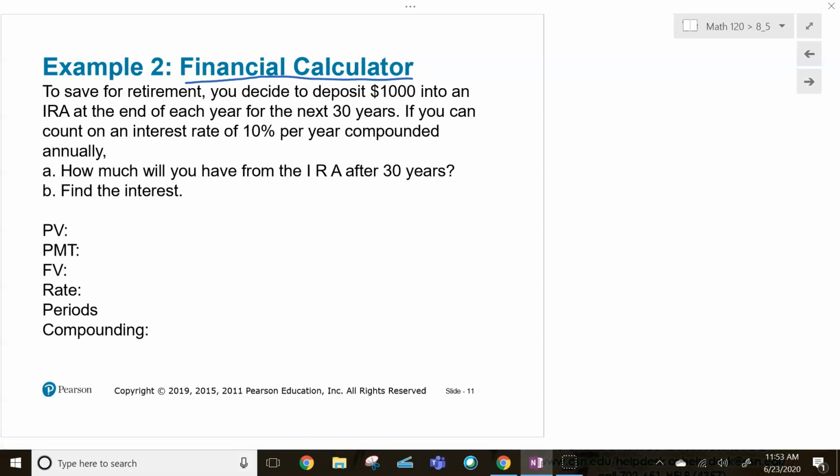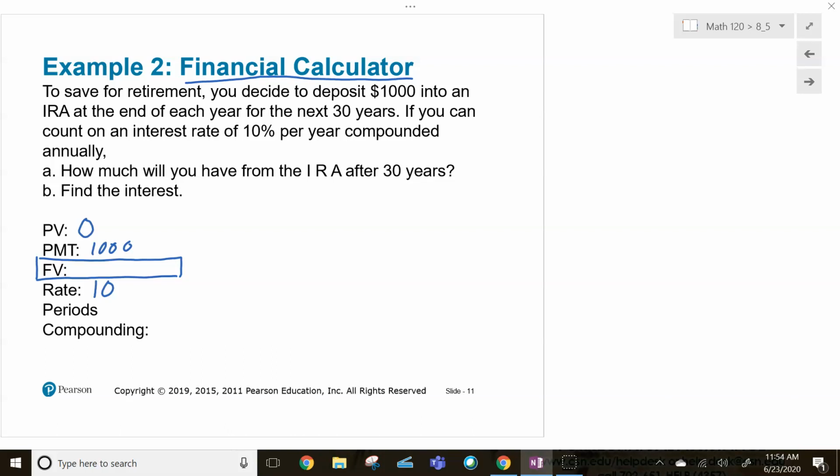With your financial calculator, fncalculator.com, the present value is the principal. We're not putting any money in up front. We are making a $1,000 payment every year. We want to know how much we have at the end. So I'm going to click the future value button. I'm making 10%. That does not go in as a decimal like with the formula. This goes in as 10%.